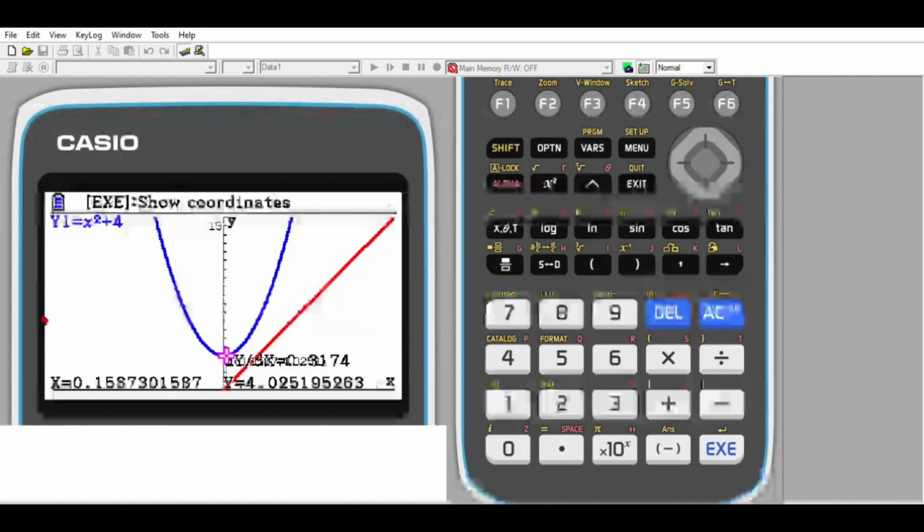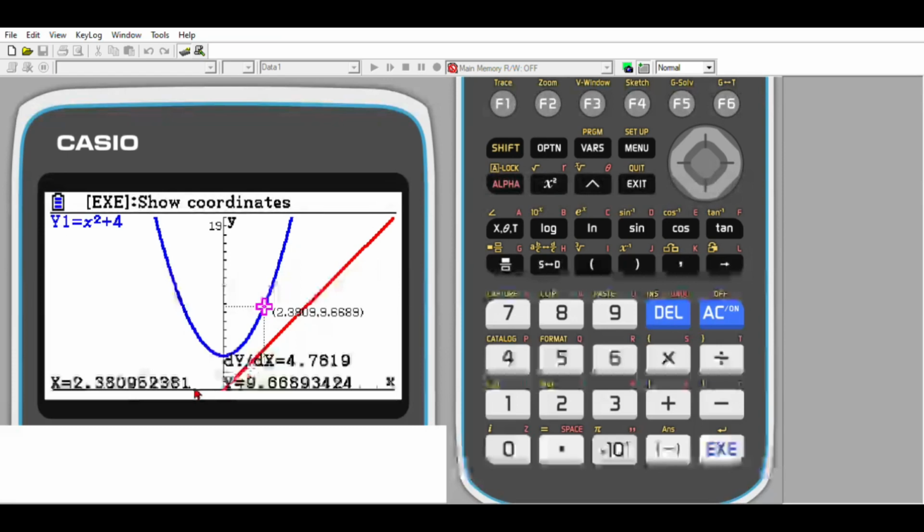Let's see if I can see more clearly. There you can see this clearly. If I go, for example, to this point, I get the x coordinate of the point, the y coordinate of the point, and the value of the slope, right? Which is the derivative of the function. That happens when you turn on derivative, which is the first thing we did when we turned on the calculator today.